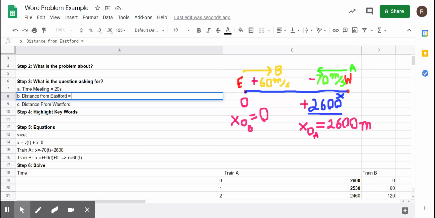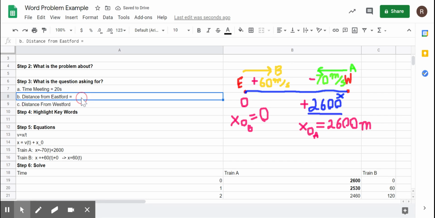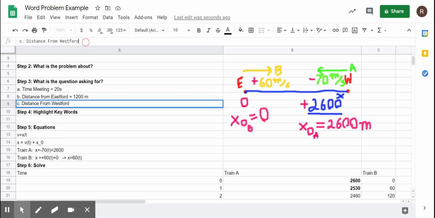Now, distance from Eastford. Well, that's easy because we set Eastford as our point. We know that's going to be 1,200 meters. No big deal. Tricky is how far from Westford. So we want to find this distant point here.